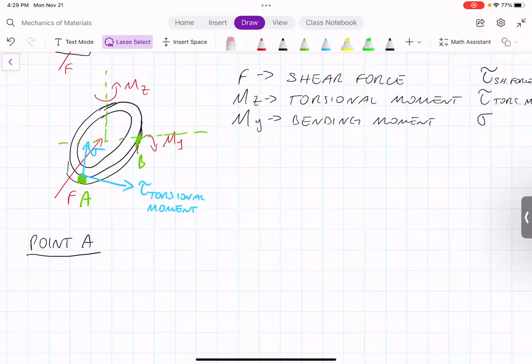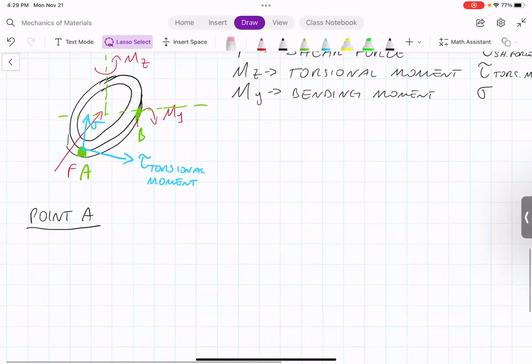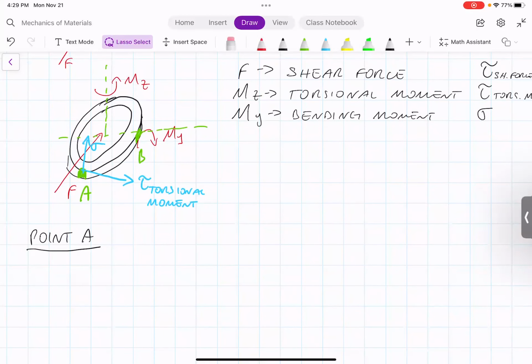So point A has only normal stress due to the bending moment and the shear stress due to the torsional moment.